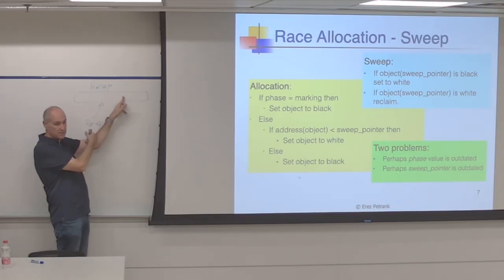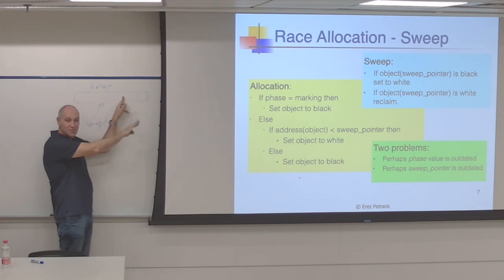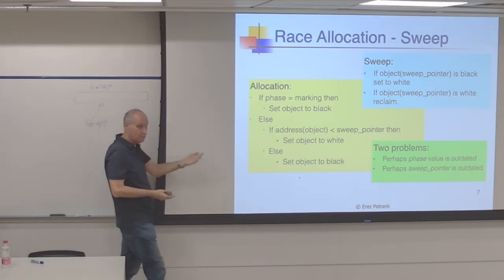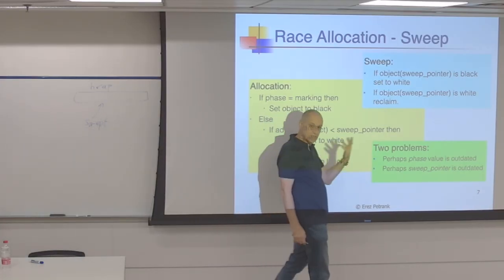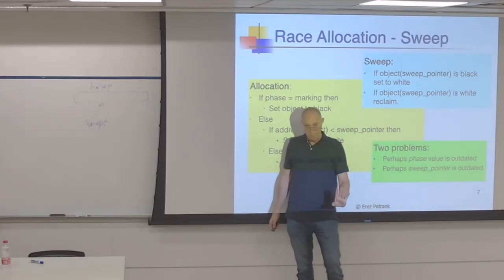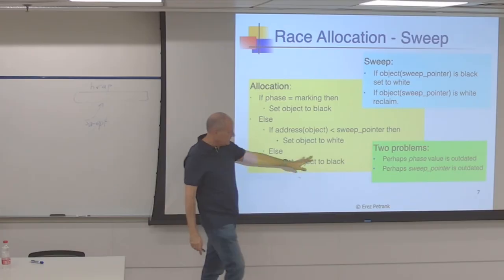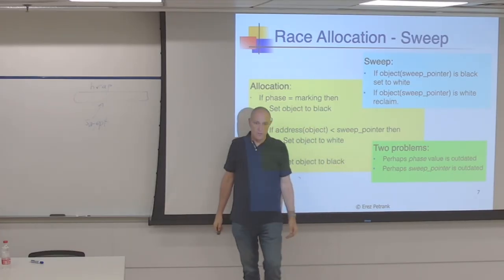Maybe we check the sweep pointer, we find that it is before us, and therefore we want to make it black. But then when we actually make it black, maybe the sweep pointer has gone after us, and then we do it wrong. We keep a black object for the next collection, which will be really bad. So these are races. So we have two races like this, and we have to solve them.